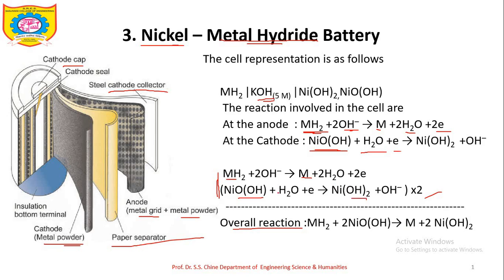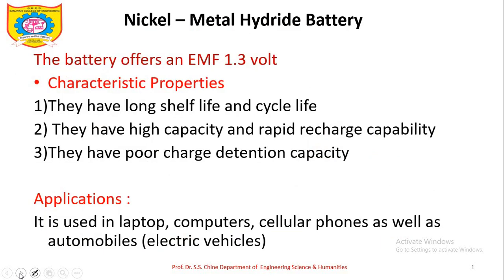So here twice H2O and twice electron will be cancelled, and so we will get this reaction. Now this battery gives the potential of about 1.3 volt.